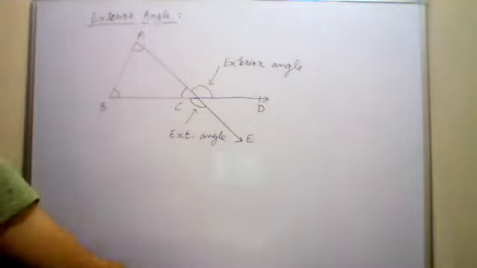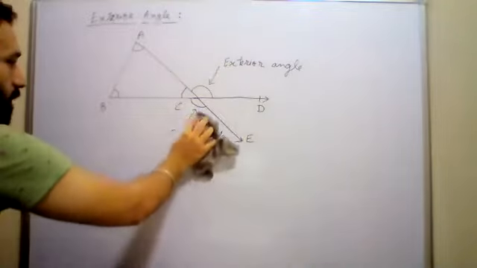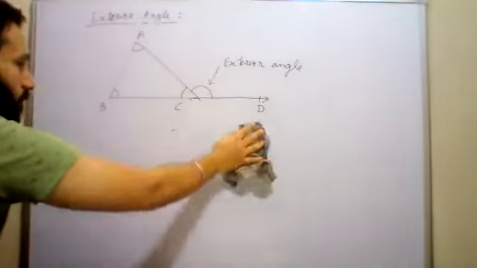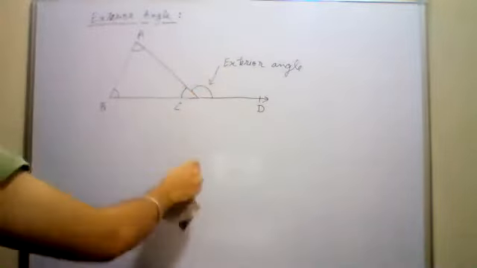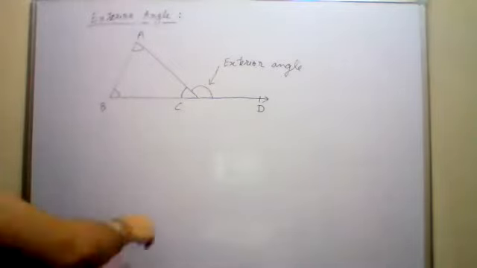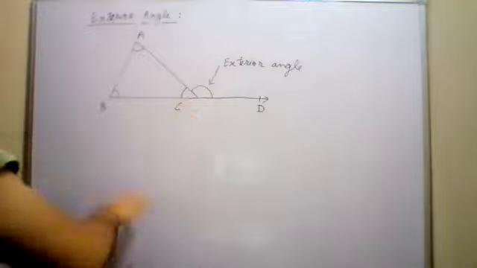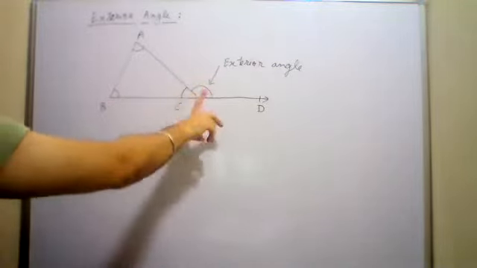You can produce any one side and get an exterior angle. On one vertex of the triangle, you have only one exterior angle. That is why I have erased this one.